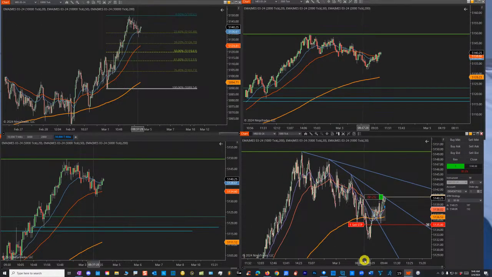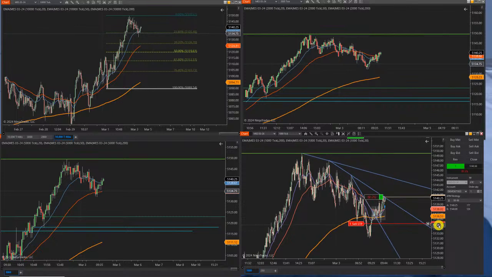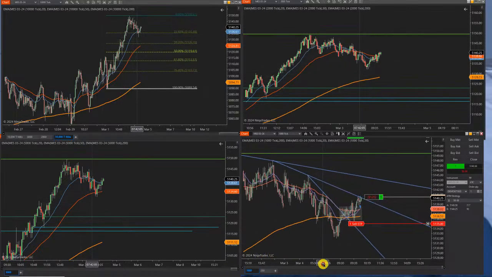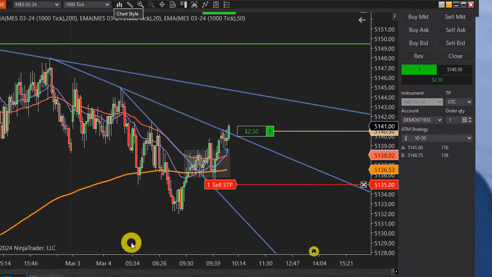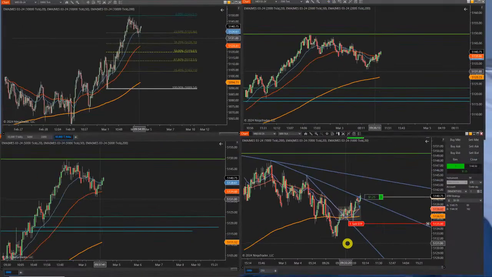And we don't know. So I'm just going to wait patiently for this to develop here on the 1,000 tick chart. You can see I'm using my demo account. And I hope that we at least get 1-to-1. Let's see what that 1-to-1 would be.